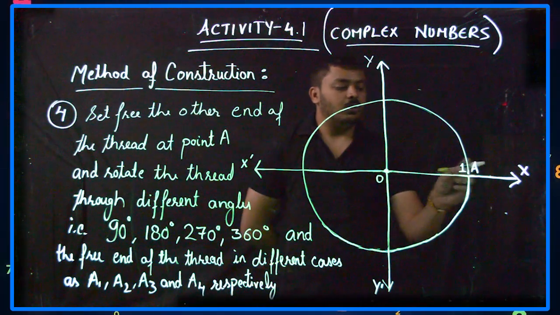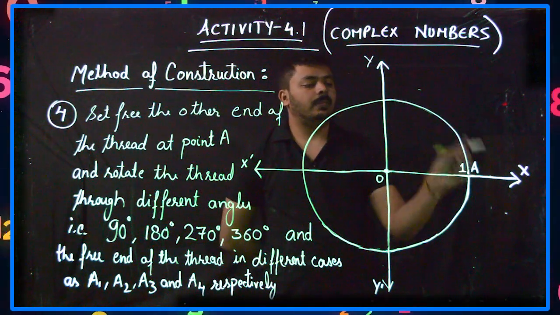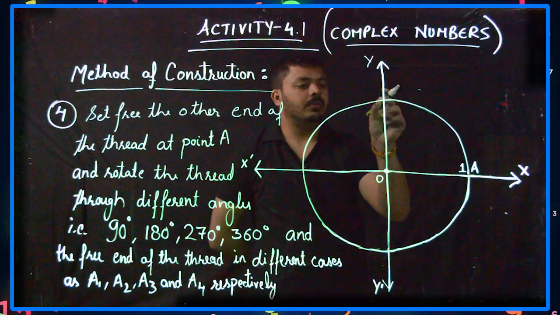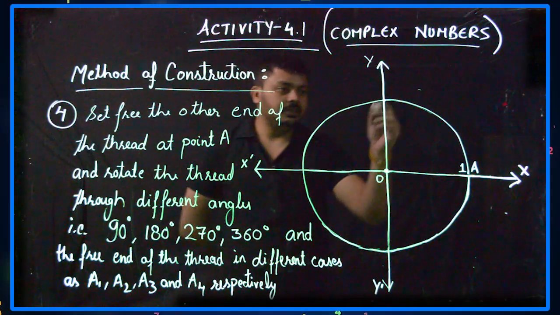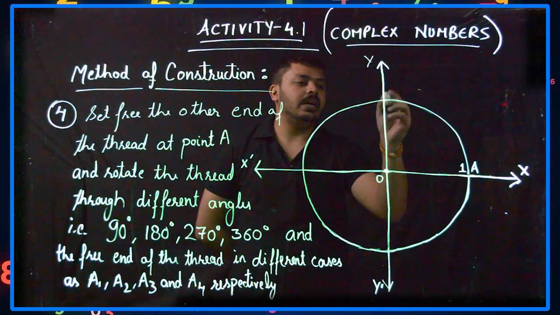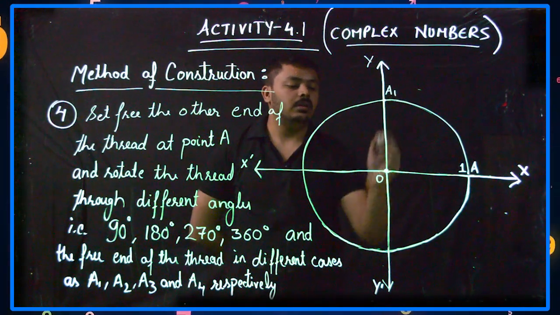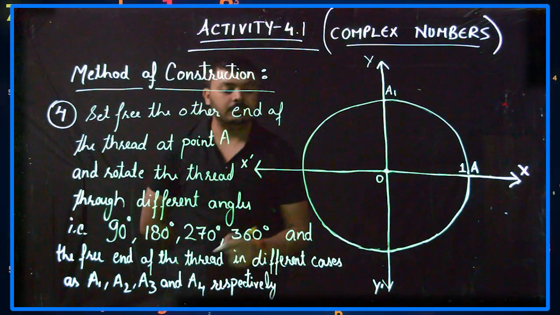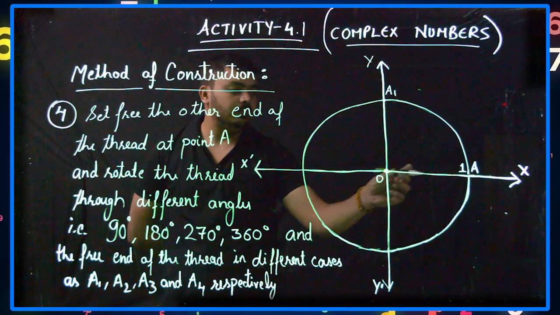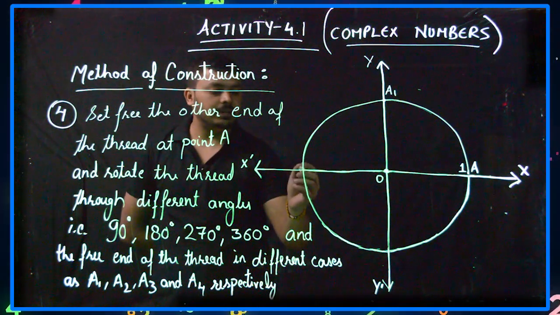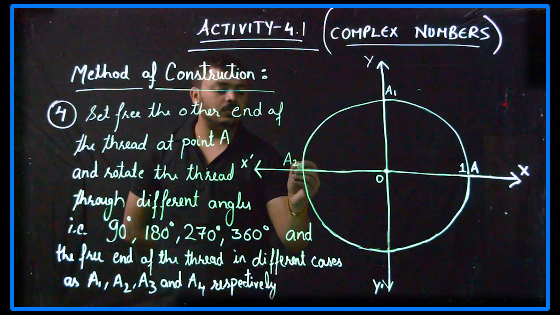That is, we rotate the thread from point A to 90 degree. At 90 degree, we mention this point of free end of the thread as A1. Then at 180 degree, that is when the thread is moved to 180 degree, this point is A2.